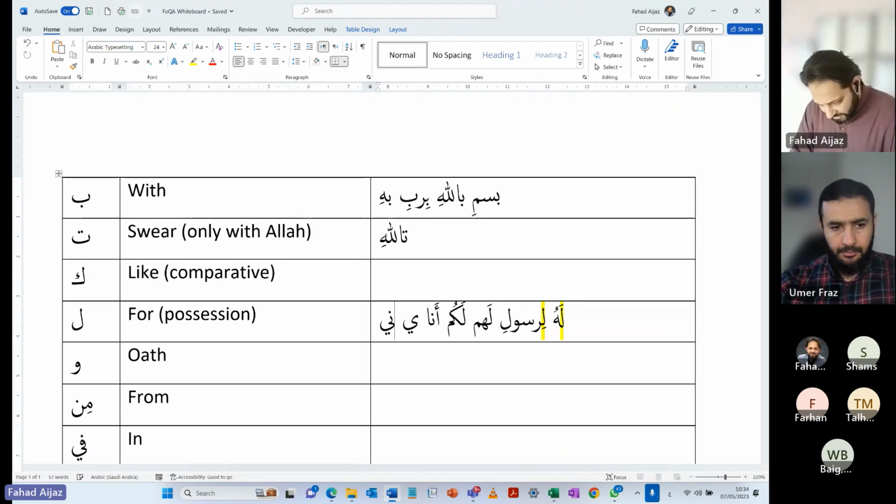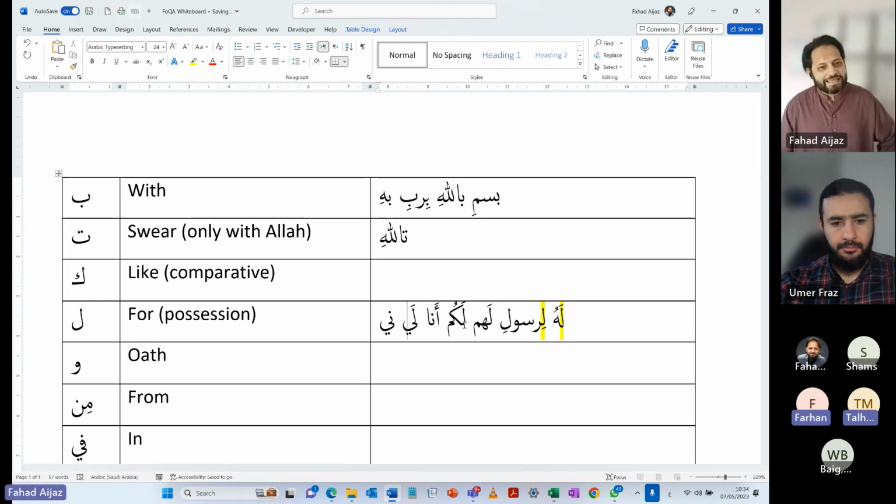Now, if I try to attach a lam here, and I put a fatha on it, can you read it? For me. Layi is simply too much effort for Arabs. So when you attach it with a ya, it doesn't take the fatha. It's just li. That's a special scenario with the pronoun ana.